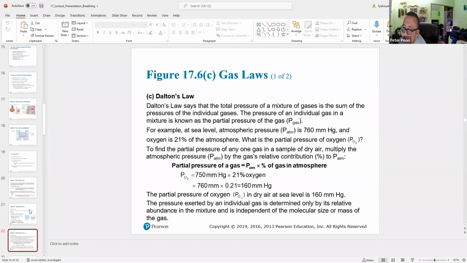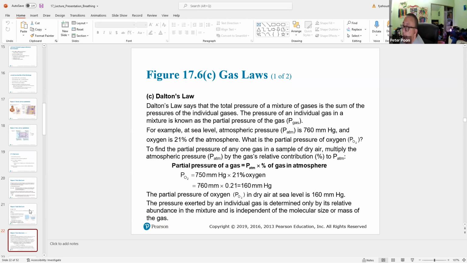Dalton's law says the partial pressure of gases is the sum of all the individual gases. That's what you have to know. At sea level, the pressure of the atmosphere is 760 millimeters of mercury, or 1 atm, and 21% of that is oxygen.